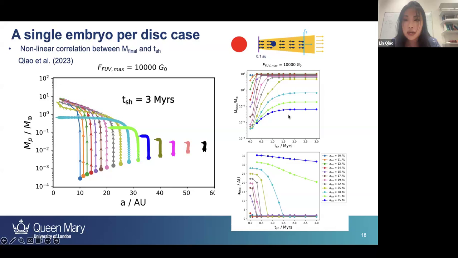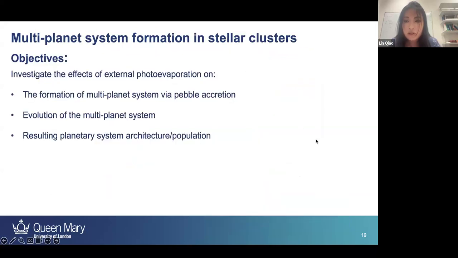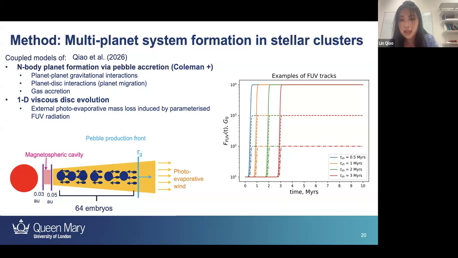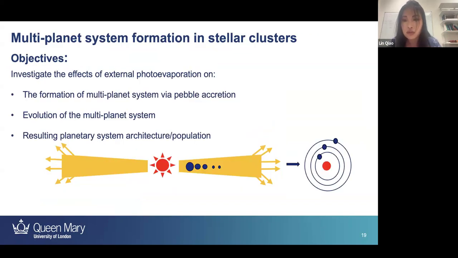So for the rest of the talk, I will focus on my research studying the impacts of external photoevaporation in stellar clusters on the formation of multi-planet systems via pebble accretion, how that affects the evolution of the multi-planet system, and how external photoevaporation affects the resultant planetary system and planetary architecture.